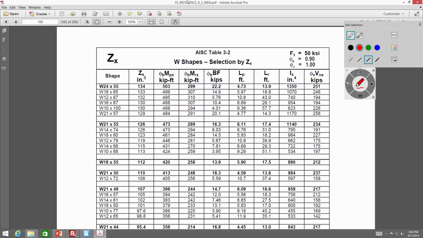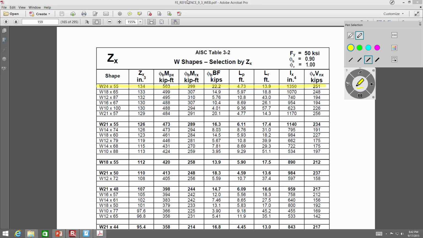This is my first time, or second time, messing with this pen technology. Oh, I bet you this does work. Hey, look at that. Y'all see that? So I'm highlighting the row associated with the W24x55. That's the shape we're looking at.